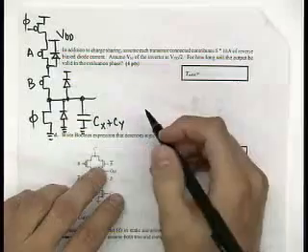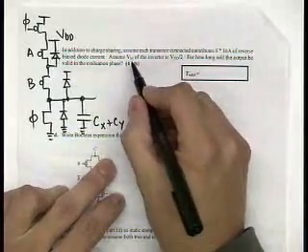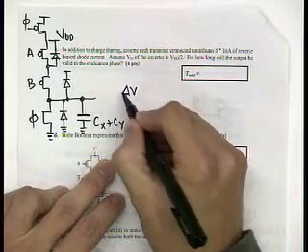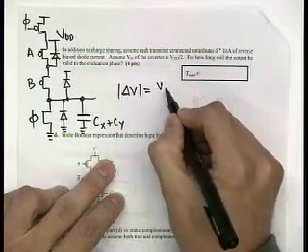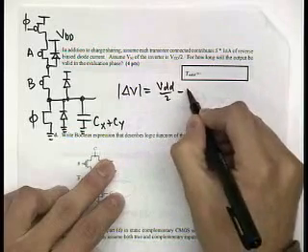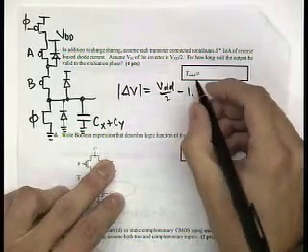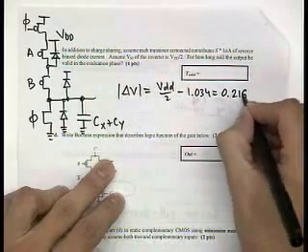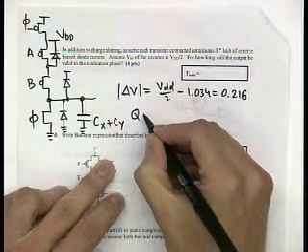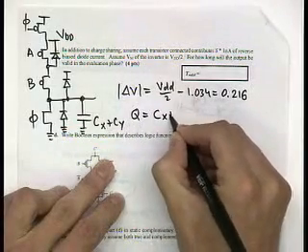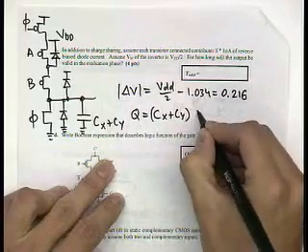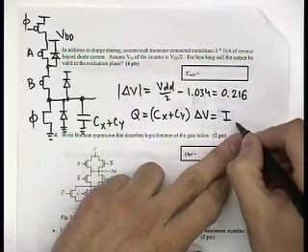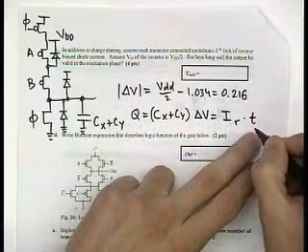So now what you need to observe is that assuming that the voltage Vm is equal to VDD over 2, that delta V is equal to VDD over 2 minus the previous value from part B, 1.034, that is 0.216. And now the amount of charge is Cx plus Cy times that delta V, that is equal to this current times the time.